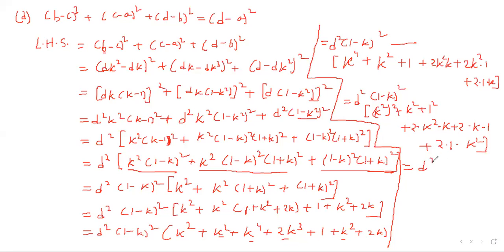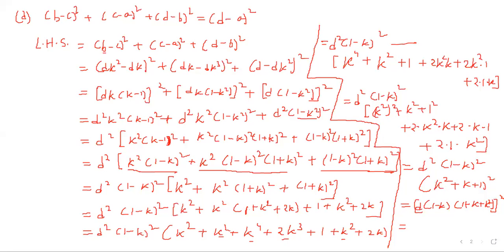That is d square into (1 minus k) whole square, and in the next bracket it is (k square plus k plus 1) whole square. So if we write the whole terms inside the same bracket, this k square plus k plus 1 can also be written as (1 plus k plus k square) and then whole square.